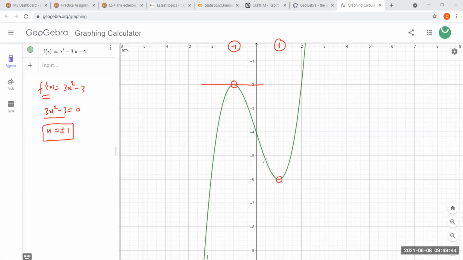Sir, if we equate to any number, we will get the x values for that slope. No? When you equate to 0, it means you're getting the slope 0.